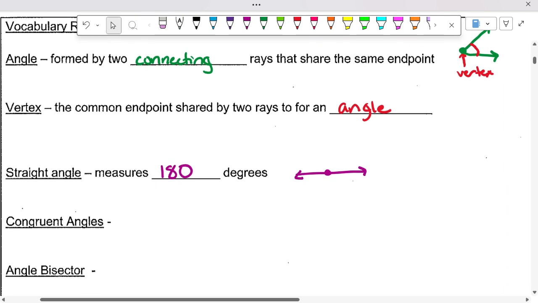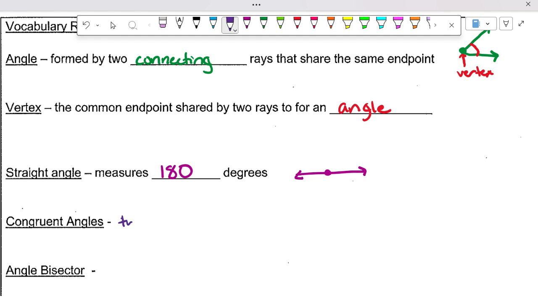Now, congruent angles. What do you guys think a congruent angle is? What will make 2 angles congruent? They're the same what? Length. Not length. Go deeper. They're the same degree. All right, so they're the same measure.